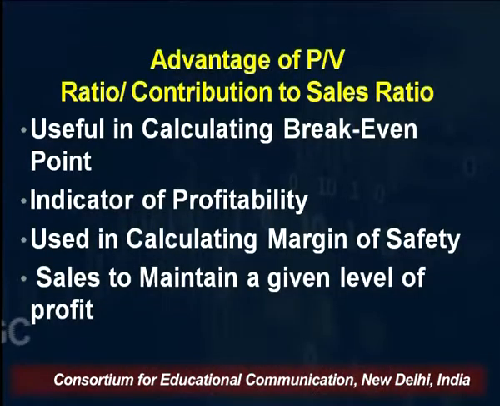Next advantage of PV ratio is that you can also compute the requisite quantity or amount of sales to maintain a given level of profit. Suppose your target is to derive a stipulated amount of profit. You say for instance you want to make a profit of say 10 crores. So how much should be your sales?